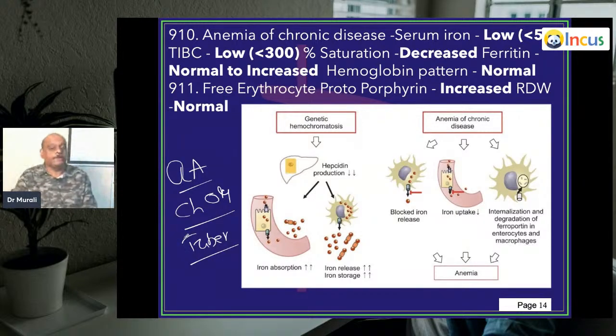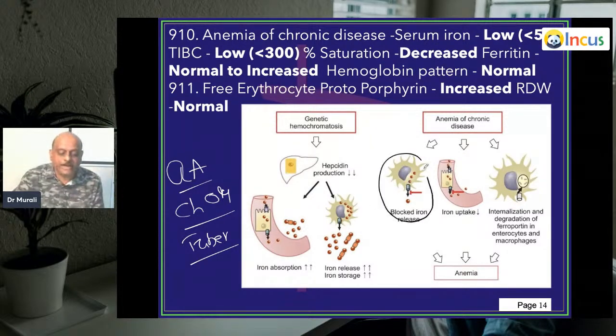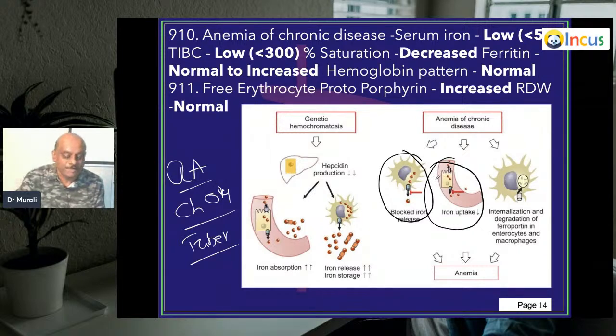So, what will happen during that time? Whenever there is chronic inflammation, the release of the iron becomes blocked in the gut. Iron uptake is decreased. And because of that, there is a development of anemia.